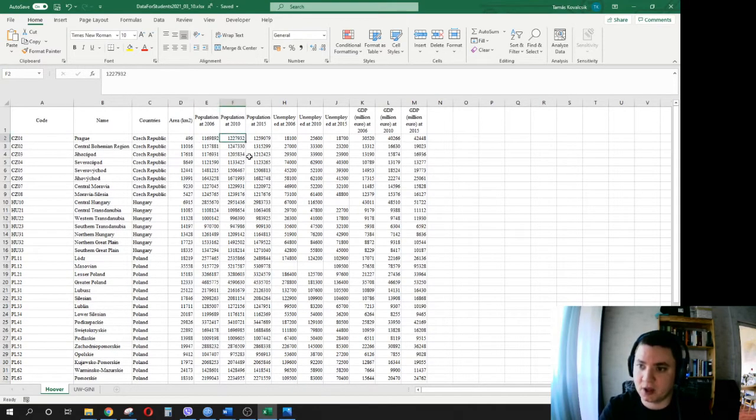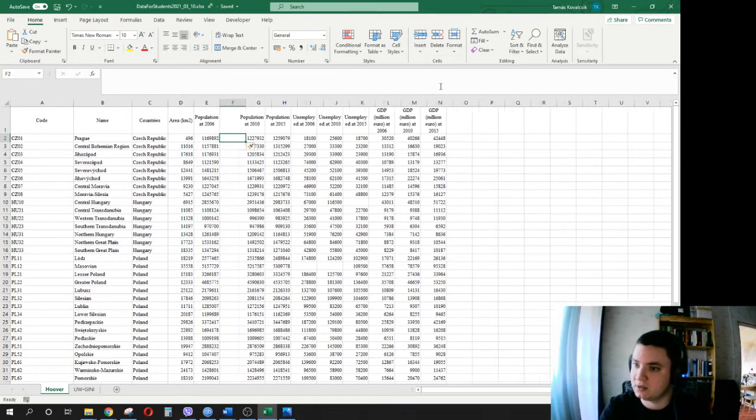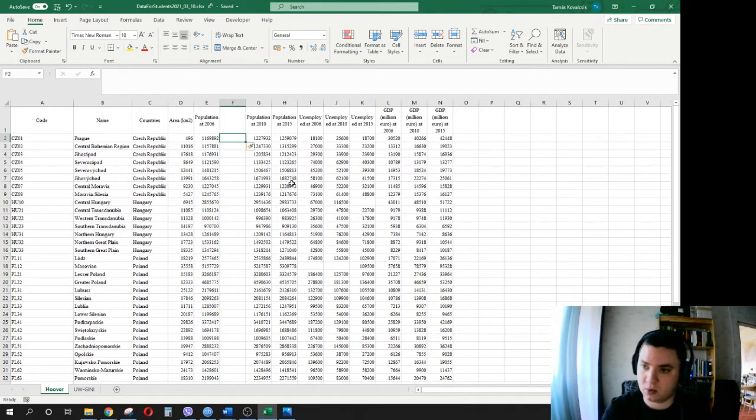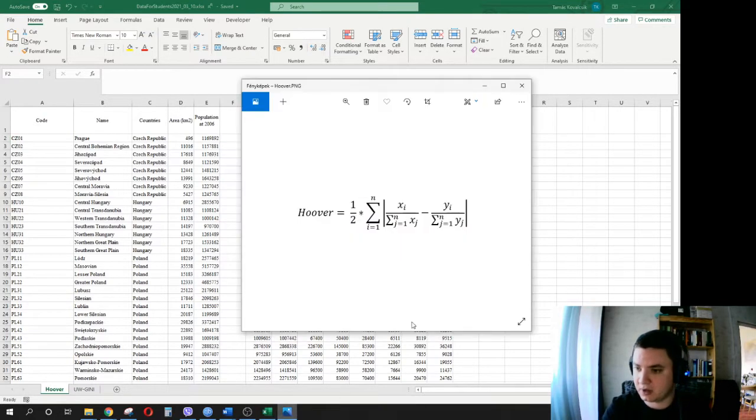After that, we have to insert another column after the population 2006. Insert sheet column. Okay, and in this cell we calculate this number.